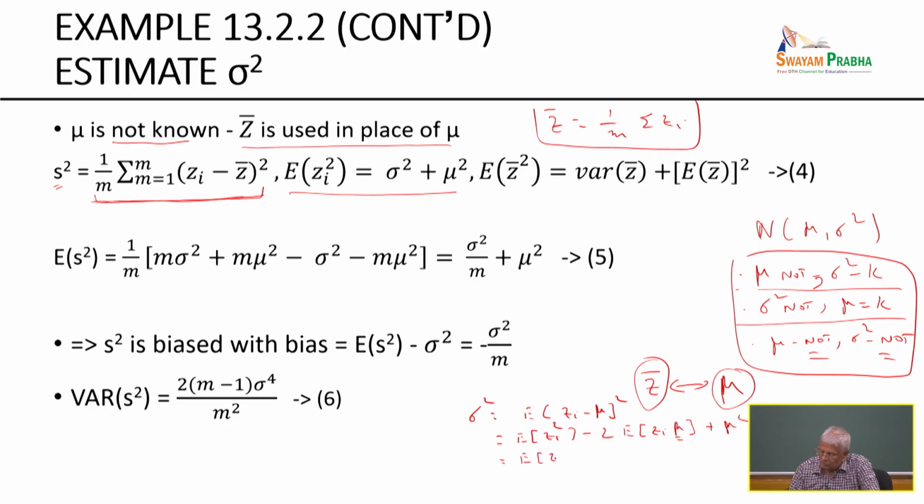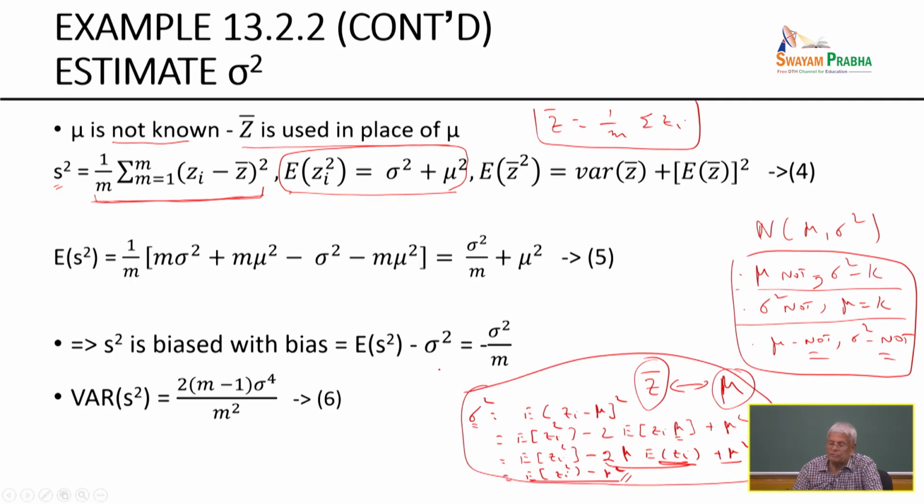Therefore, E of Zi square minus 2 mu, taking mu as a constant factor outside, E of Zi, plus mu square. But E of Zi is mu, so this becomes minus 2 mu square plus mu square. Therefore, this is equal to E of Zi square minus mu square. Therefore, E of Zi square is equal to sigma square plus mu square. That's exactly what is done in here. So this comes from this simple calculation.